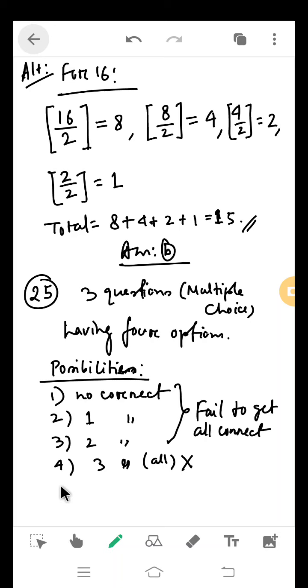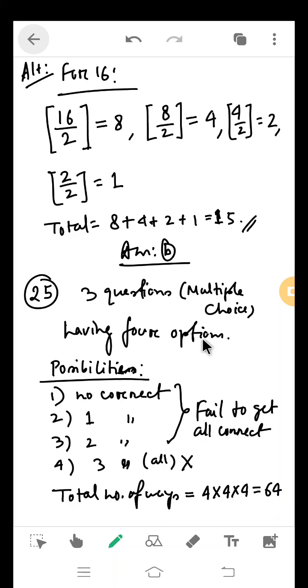So you first to find out total number of ways, how many ways you can solve them. It may be any one of these. So total number of ways जब जाएगा तो first can be solved by how many ways? 4 ways. क्योंकि 4 options है. Second भी 4 ways and third also 4 ways. ये कितना हो गया? 64.